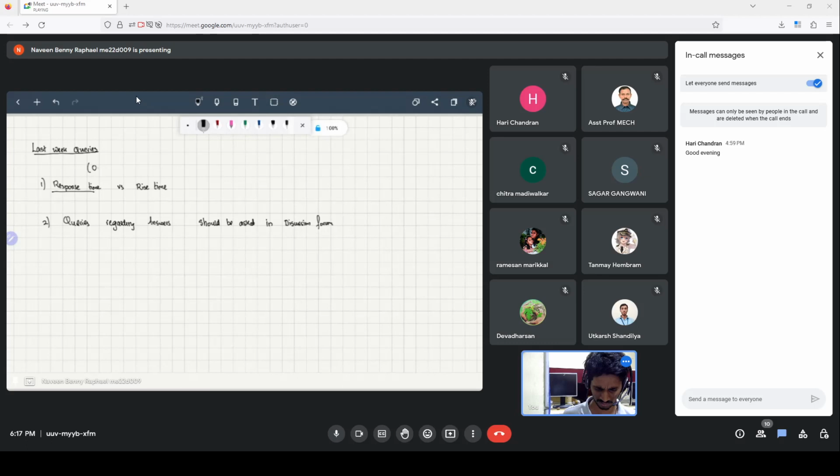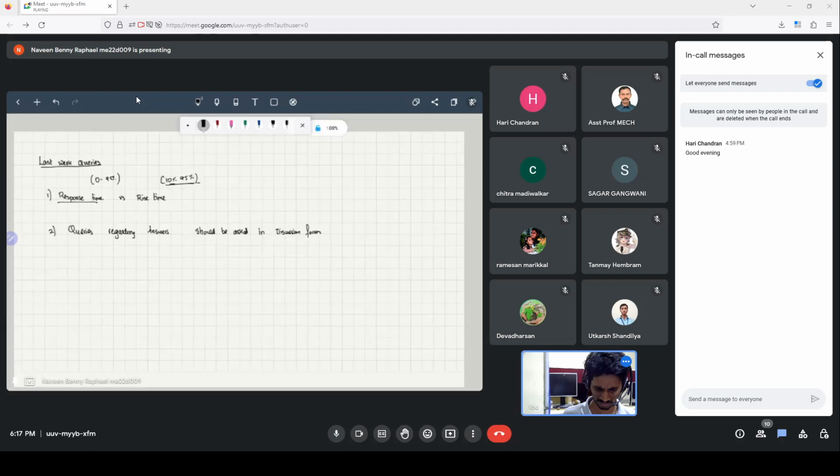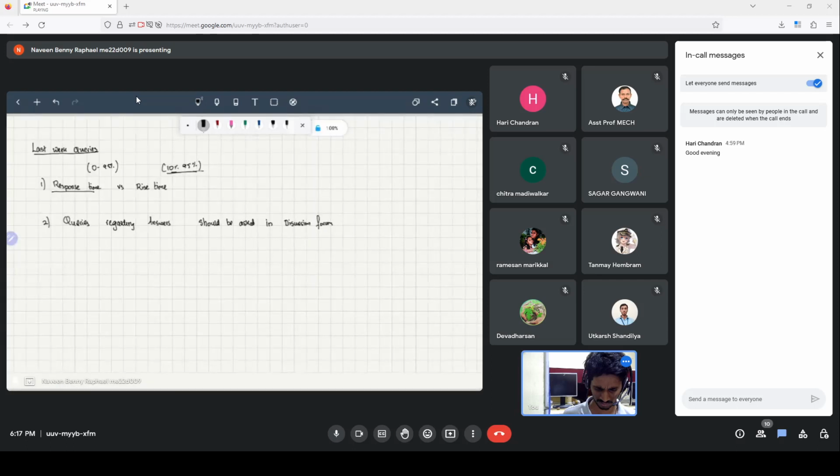Response time has to be between 0 to 95%, while rise time might sometimes be said to be from 10% to 95% and so on. This depends on the manufacturer of the sensor and things of that form.